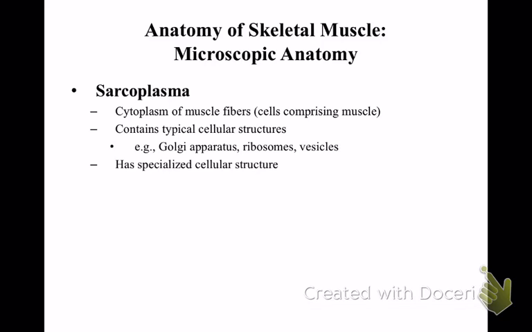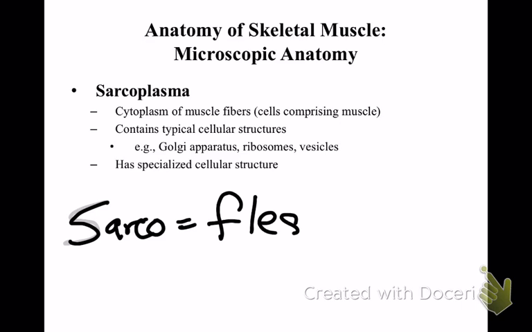All right, so we have some terms, and I'm sorry that some of these terms don't seem consistent. So we have the term sarco, which literally means flesh, and the term myo, which means muscle.